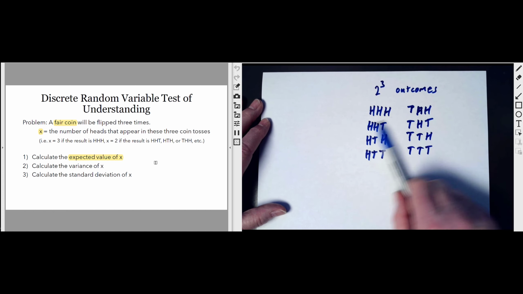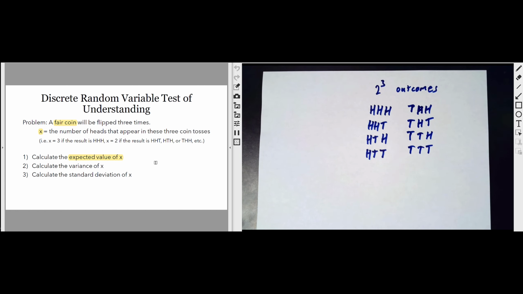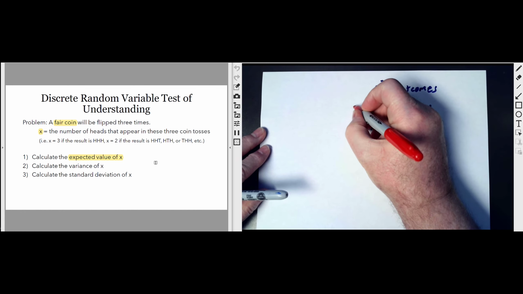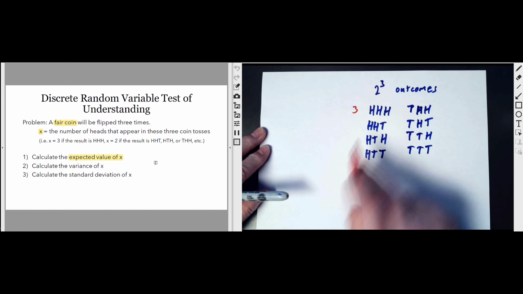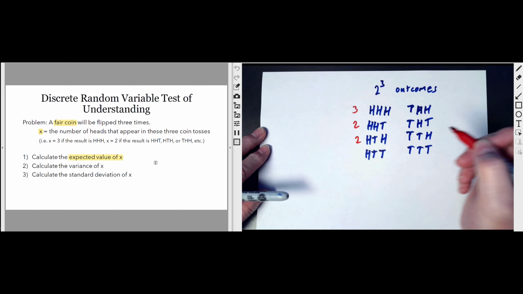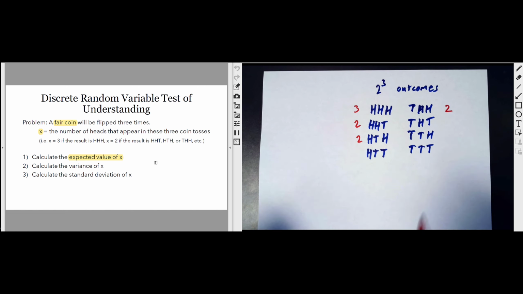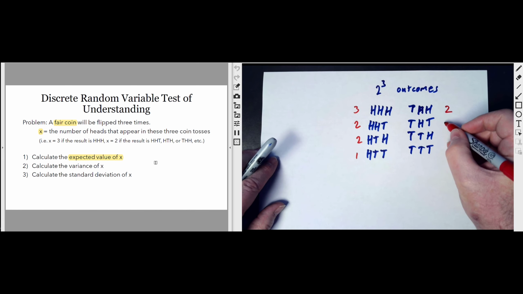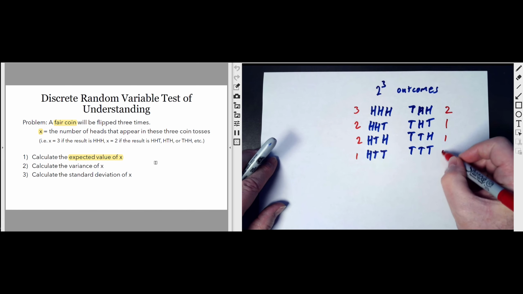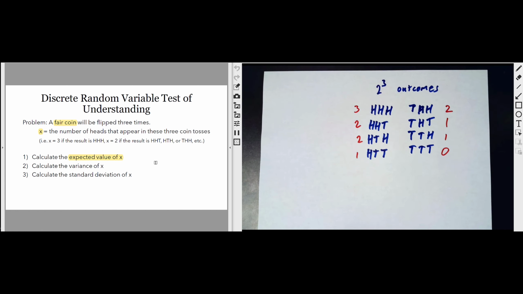Now, if for each of these possible outcomes we count up the number of heads, we get 3 as the value in that case, 2 as the value of these 3 cases, 1 as the value of these 3 cases, and 0 is the value of that case. Now, each of these possible outcomes is equally likely to occur.